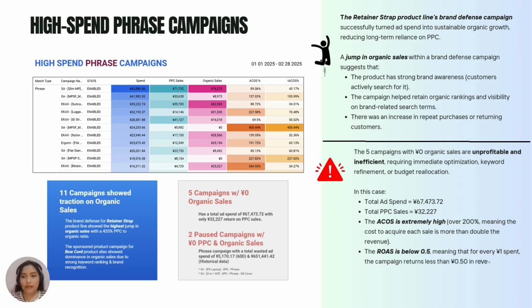Conversely, the 5 campaigns with zero organic sales are highly unprofitable, with an ACoS over 200% and ROAS below 0.5, indicating excessive ad spending for minimal returns. Immediate budget reallocation, keyword refinement, and optimization strategies are needed to improve efficiency and reduce reliance on unsustainable PPC cost.